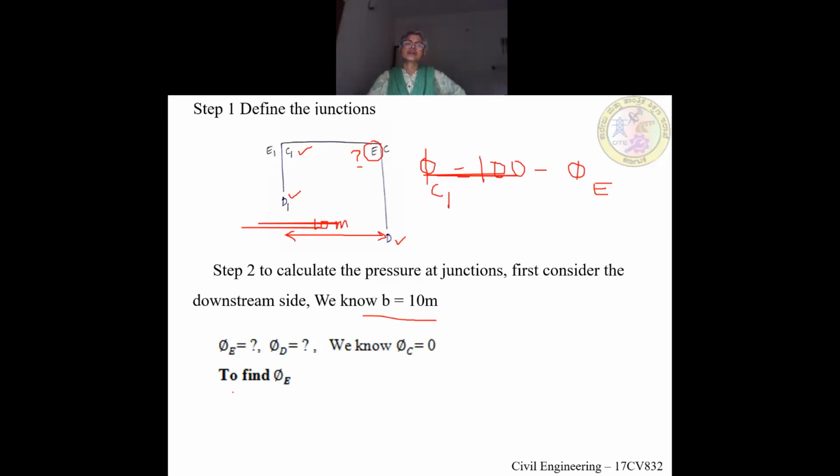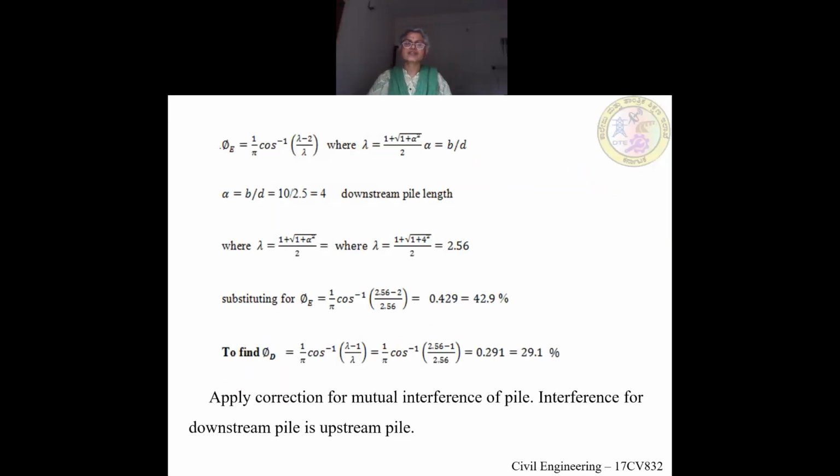To find phi E, we have a formula: phi E is given as 1 by pi cos inverse of (lambda minus 2) divided by lambda, where lambda is 1 plus root of 1 plus alpha square by 2, where alpha is b by d.